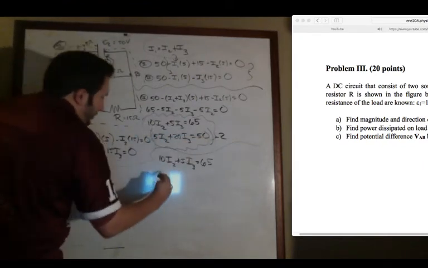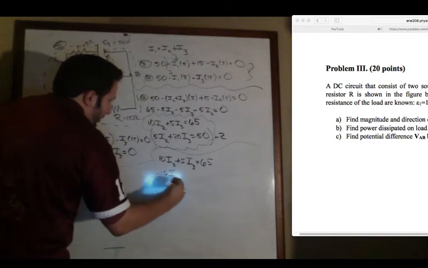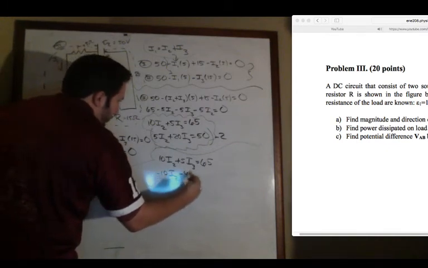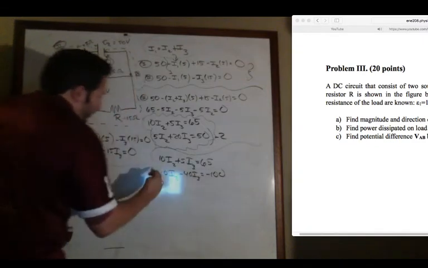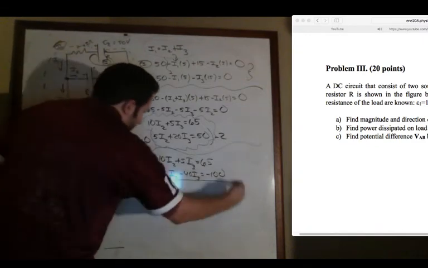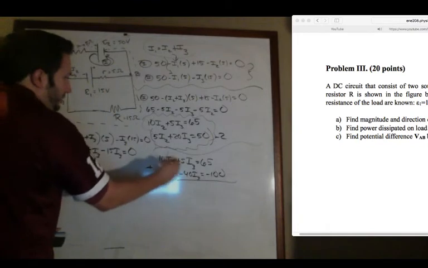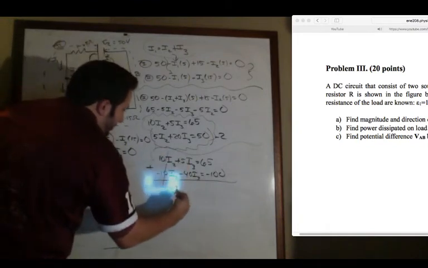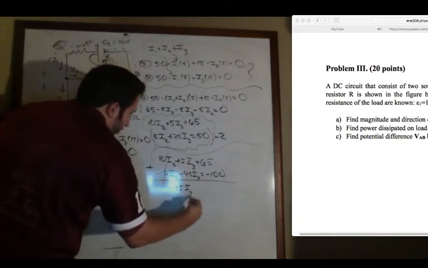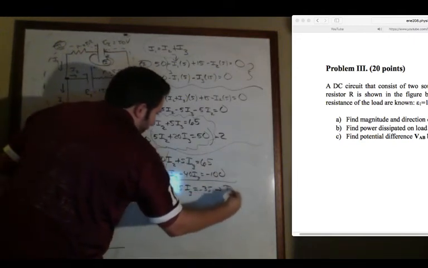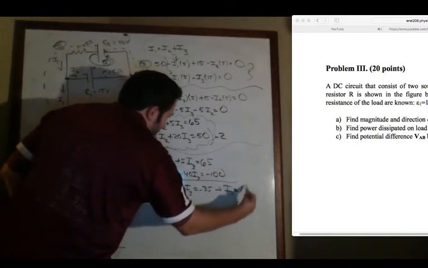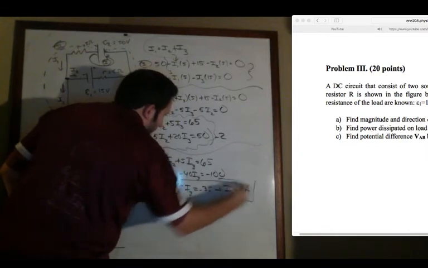Multiply this by a negative 2: minus 10I2 minus 40I3 is equal to minus 100. Because now I can add these together, and these will cancel out, and I'll have a minus 35I3 is equal to a minus 35, which finally gives me that I3 is 1 amp.